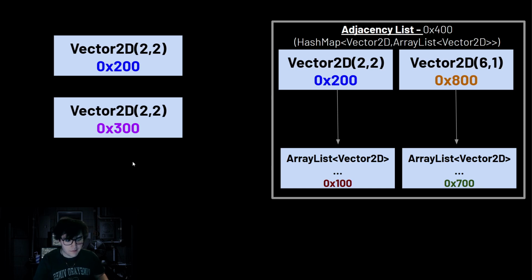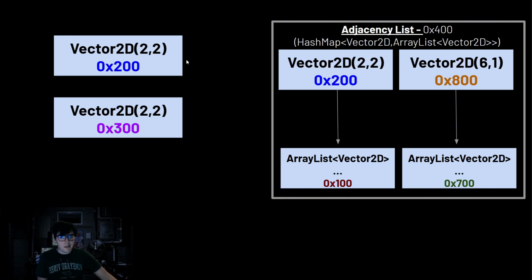So in terms of memory, these are completely different things. They are in completely different spots on the heap. They are not equal to each other, especially not in terms of Java. If you were to compare them with dot equals, just before this change that you're going to paste into your vector class, they would never be equal. They're different references.